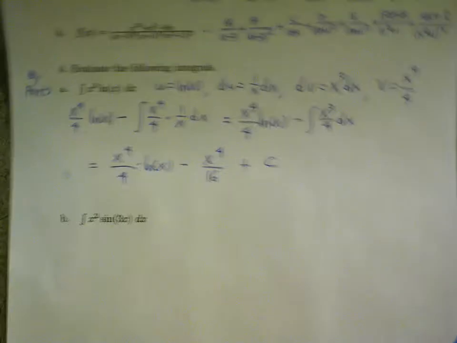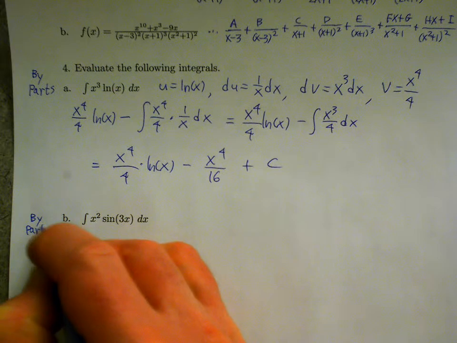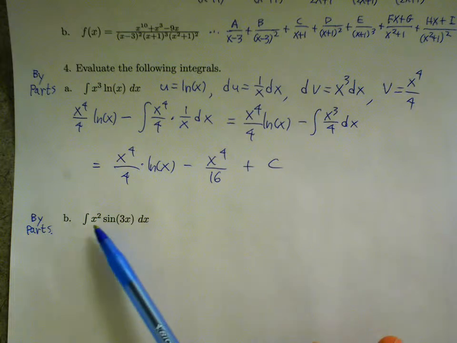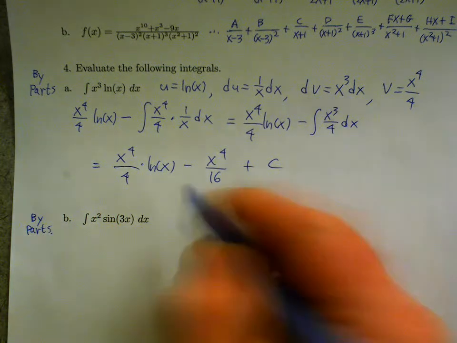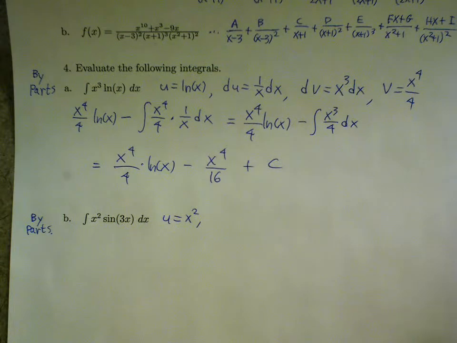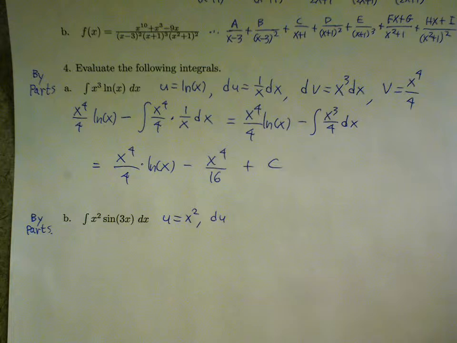So when we use integration by parts, we usually want to set u to be equal to something that will get simpler when you take its derivative. So if we assign u to be x squared, which is a degree 2 polynomial, the derivative is degree 1, which is simpler.